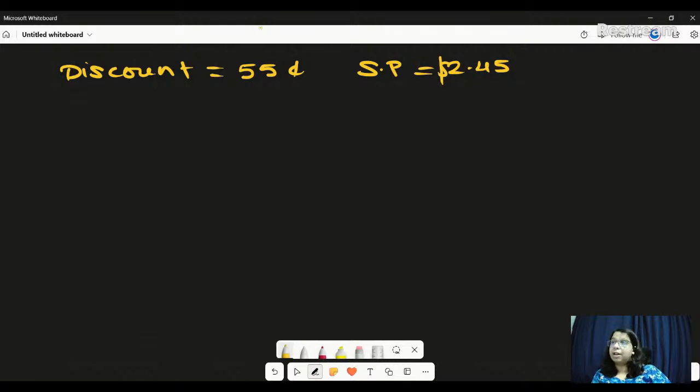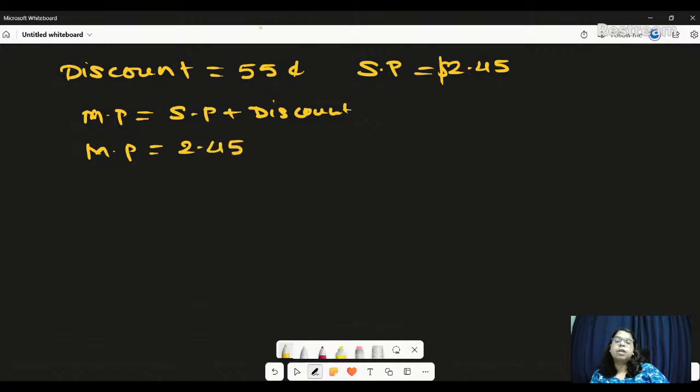So we have to find the discount percentage and marked price. Marked price is easy. Marked price is equal to your selling price plus discount. So marked price is equal to $2.45 plus 0.55, that is equal to $3.